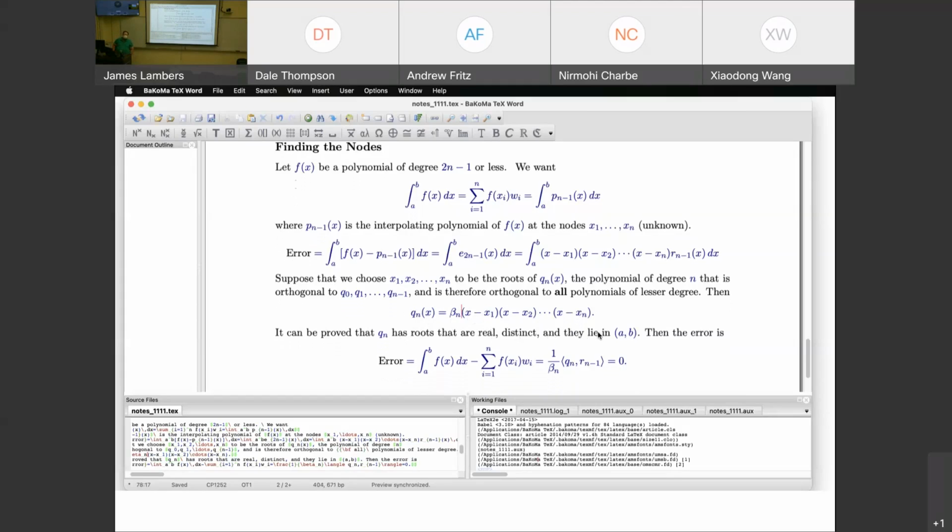So that's quite unusual. Normally, if you have a polynomial of degree n, you know it has n roots, but the roots might repeat, or they might be complex, and they can fall anywhere. But here we know they have to fall within AB and be real and distinct. And it's because of this property of orthogonal polynomials.